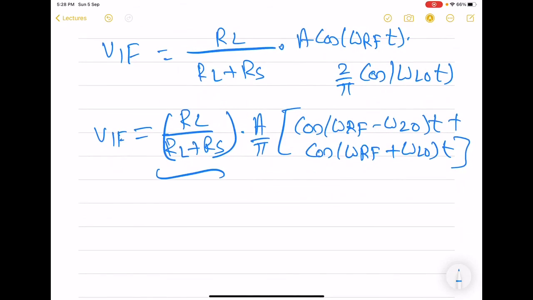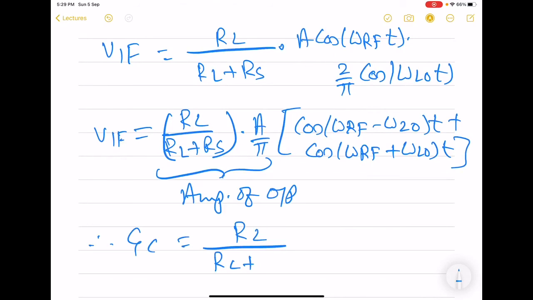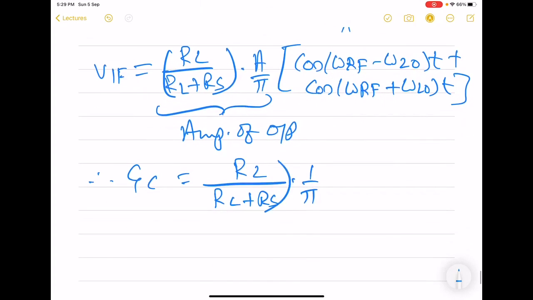So this is the amplitude of the output, and input amplitude is A. So therefore conversion gain is RL divided by RL plus RS into 1 by pi. So compared with the previous case, this is the additional factor that has appeared, and this is only going to reduce the conversion gain. Right.